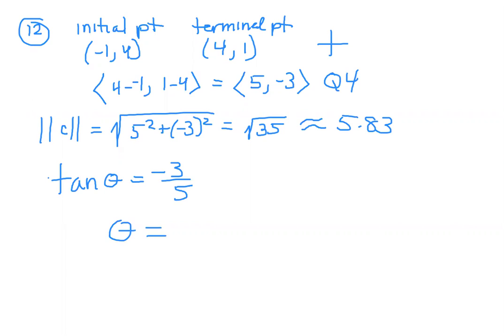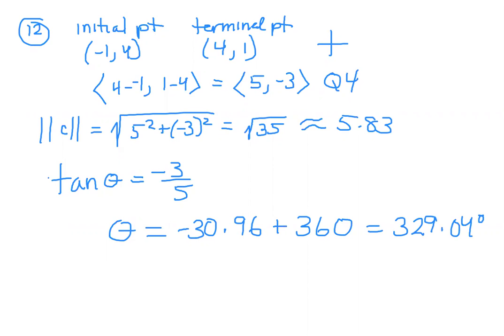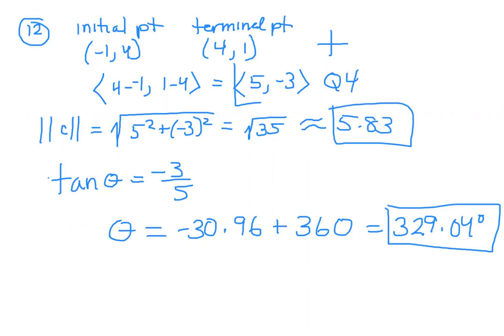Theta equals inverse tangent of -3 divided by 5, which is -30.96, but we have to add 360 since it's in quadrant 4, and we get 329.04 degrees. There's our theta, our magnitude, and our component form for number 12.